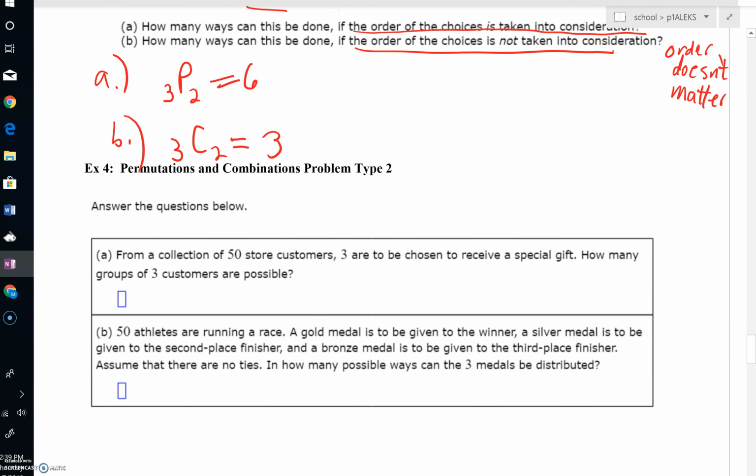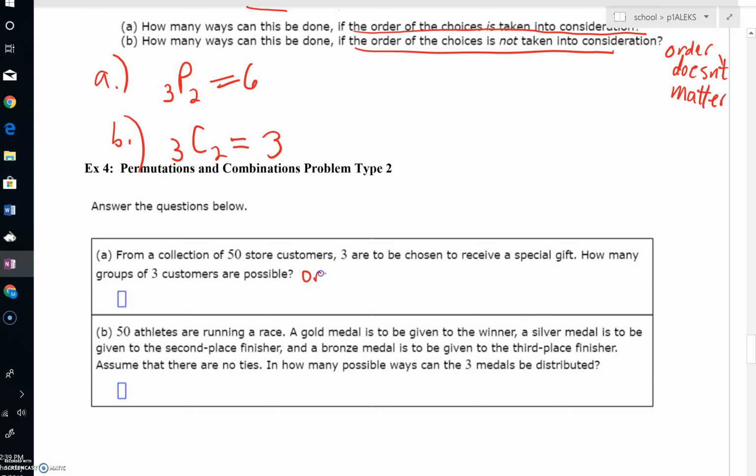Well, let's take a look. Honestly, the most important skill we can have is just determining whether order matters or not. So we've got 50 customers in a store collection. 3 are to be chosen to receive a special gift. How many groups of 3 are possible? Well, you're going to have 3 to be chosen to receive a gift. It doesn't matter who's named first, second, or third. They're all going to get that gift.